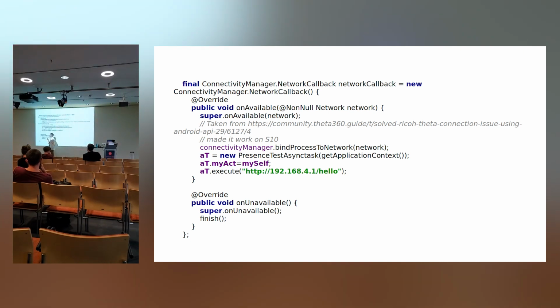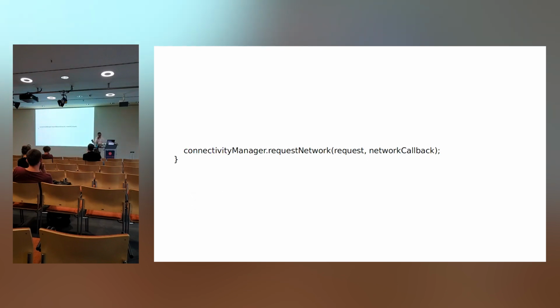We have specific code only for the Galaxy S10. Yes, basically that's the callback. And then finally, this is the method to actually start the user interface process. And yes, the user interface is not very clear, so technically challenged users often click on the wrong button and then they end up not connected.